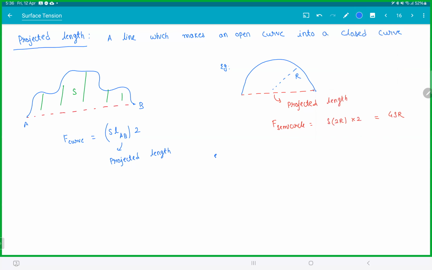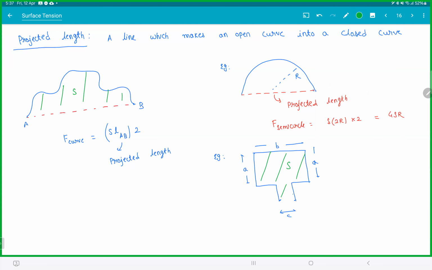There was a question like this in the exam. They said there was a frame like this. This was A, this was B, this was A, this was C. And they said this entire frame inside has a soap film.